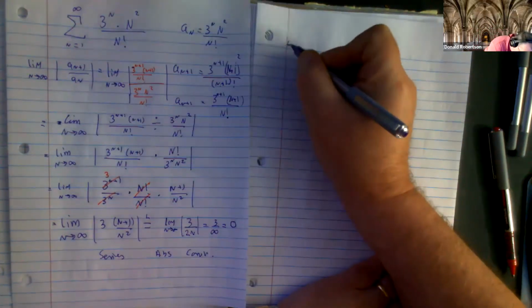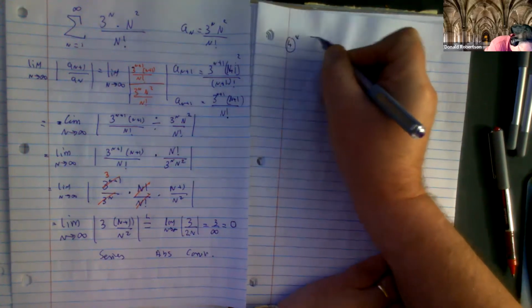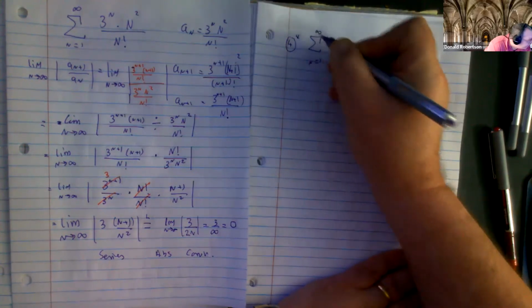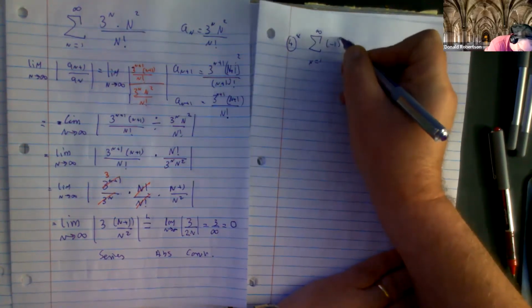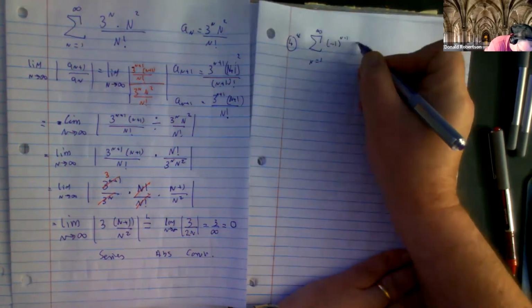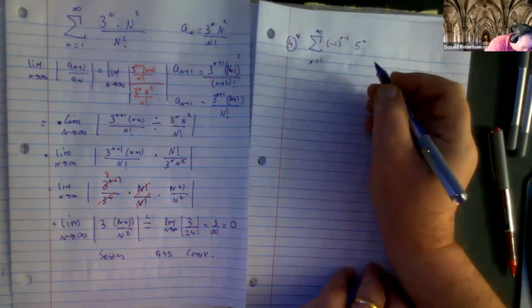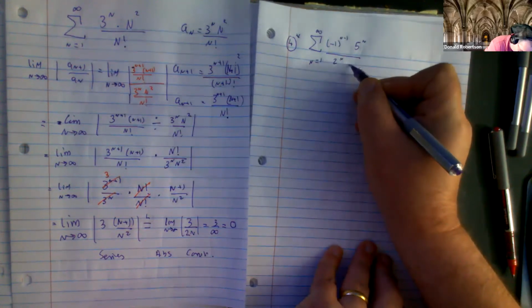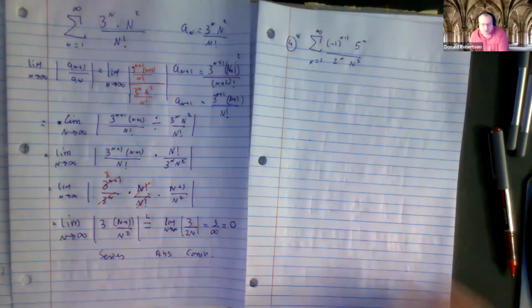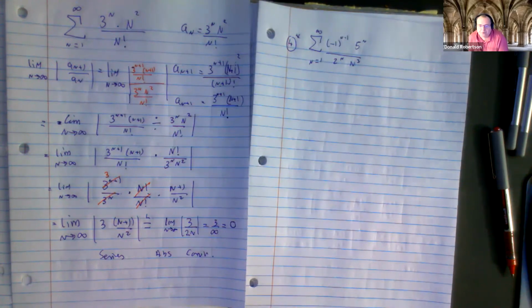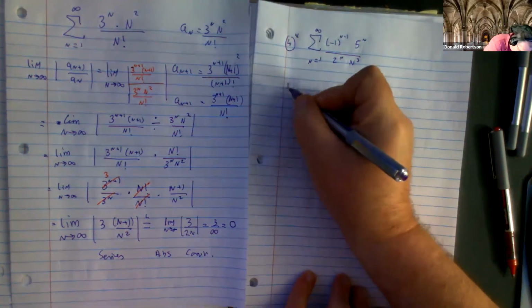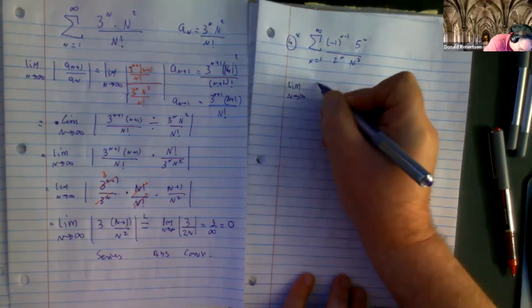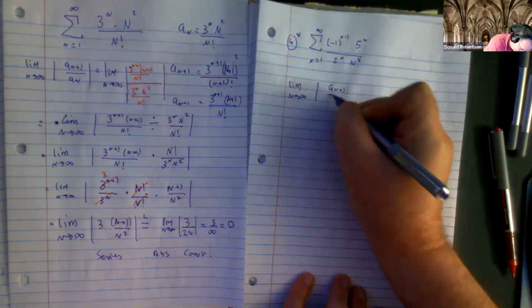Next one is version question 4. There we go. So ratio test, the limit as n tends to infinity of a_(n+1) over a_n.